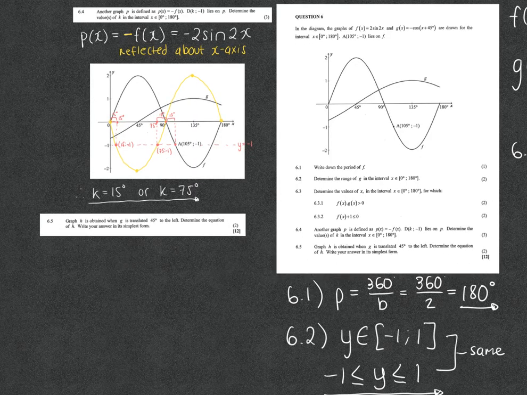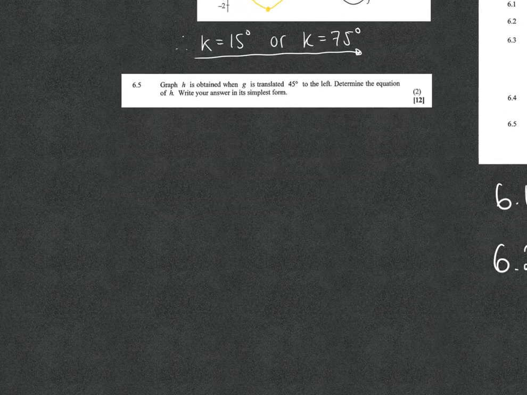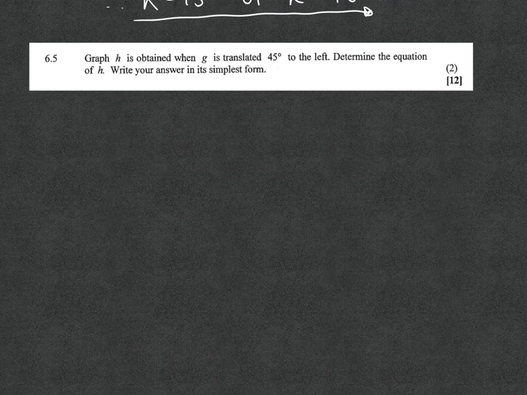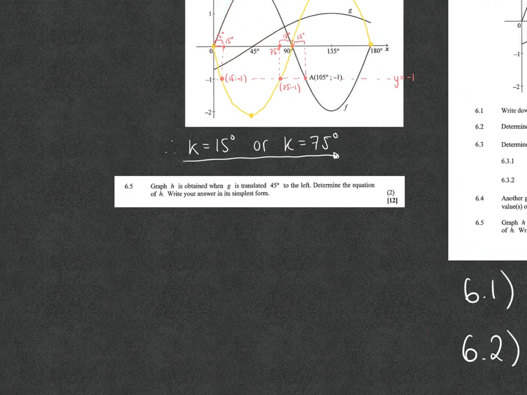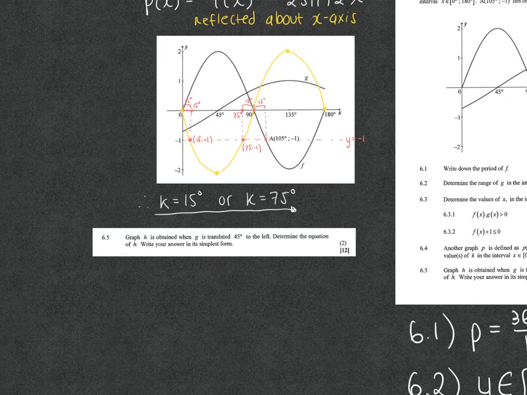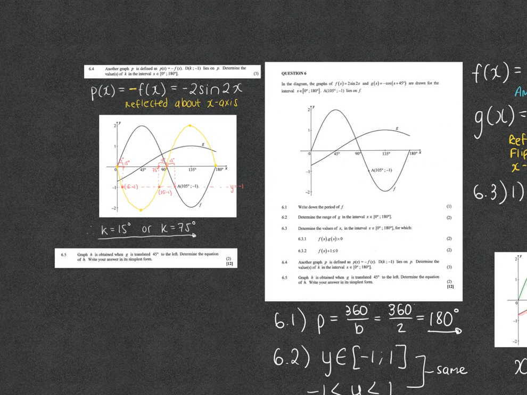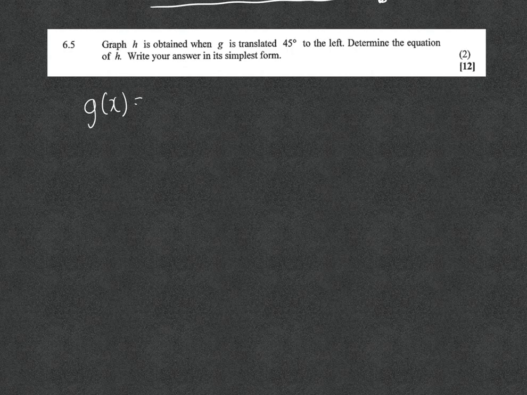Let's have a look. It's saying here, graph H is obtained when G is translated 45 degrees to the left. Determine the equation of H, write your answer in its simplest form. G of X that was given to us earlier was minus cos of X plus 45 degrees.